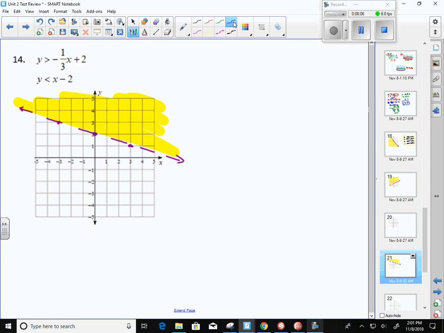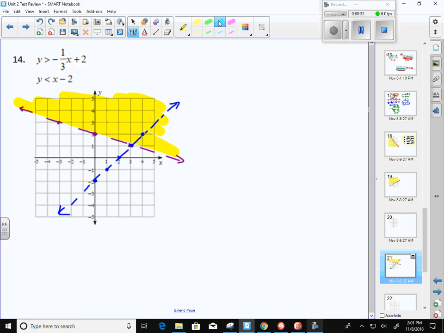Then I go back and graph the second one, y-intercept of -2, up 1 over 1. Dashed line again. This one I'm going to shade less than. I'm going to do a different color real quick.